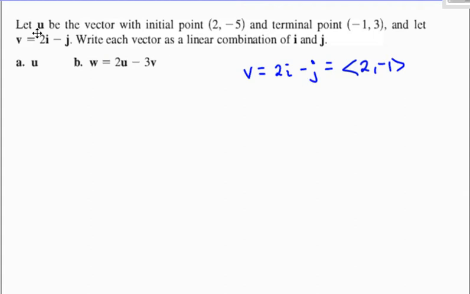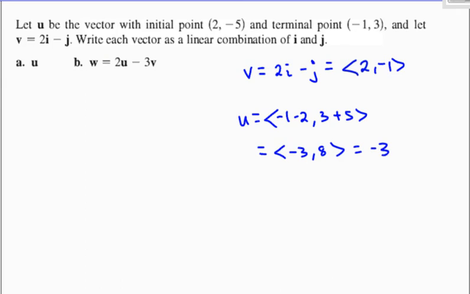Now, we want to find vector u. So to find vector u, I'm going to take the terminal point. The left, right is -1, subtract the initial point, 2. Then for the up, downs, or the y's, I'm going to do the terminal point as 3 minus the initial point as -5. So for u, I'm going to get -3, 8, which is a linear combination.